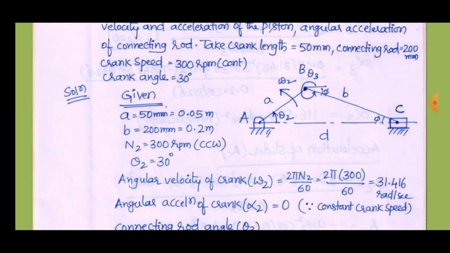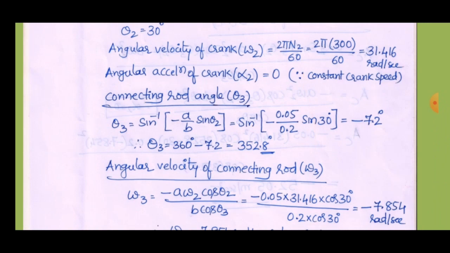Therefore, to get theta 3, this value should be subtracted from 360 degrees. Therefore, theta 3 is equal to 360 degrees minus 7.2, which is 352.8 degrees. So this is the value of theta 3.